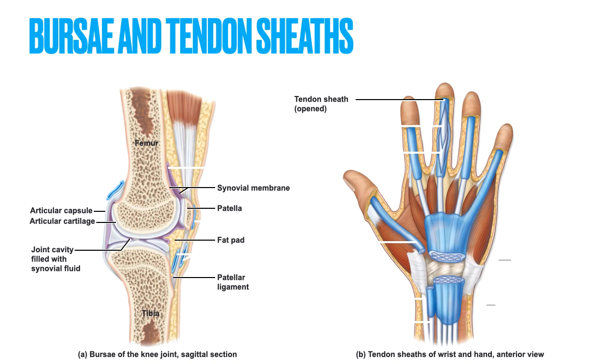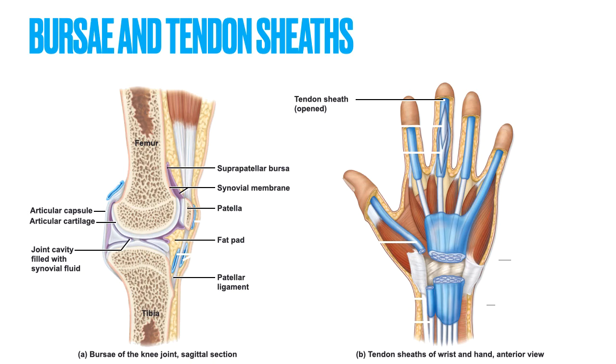This joint also includes several bursae. These are tiny sacs of fluid that are there to facilitate motion. They provide a thin cushion. They reduce friction between the tendons, the ligaments, the muscles, and also the skin, which has to move over the bones during joint movement.